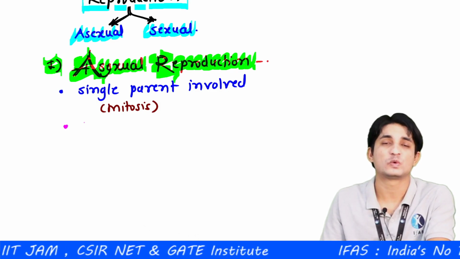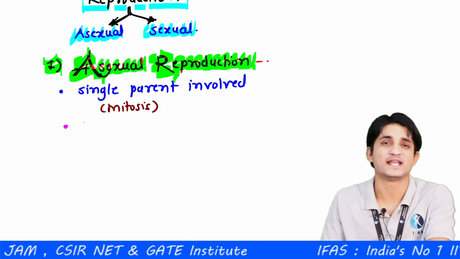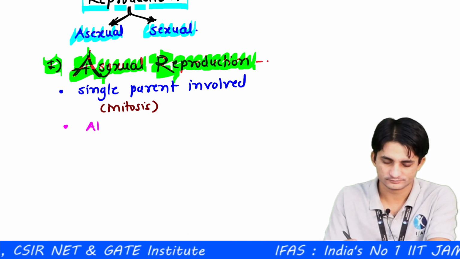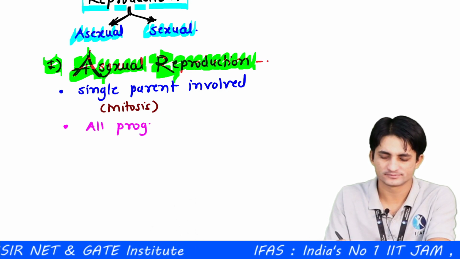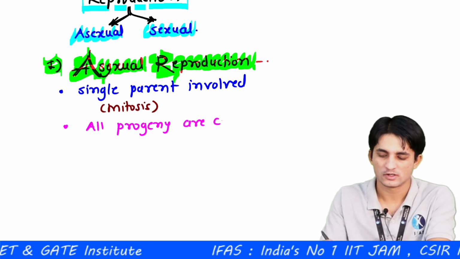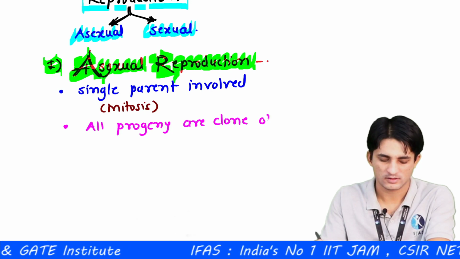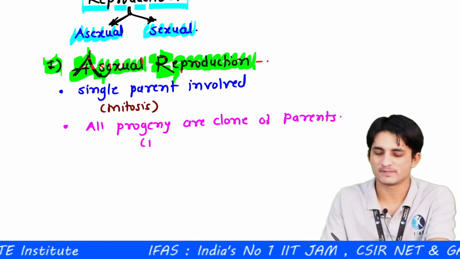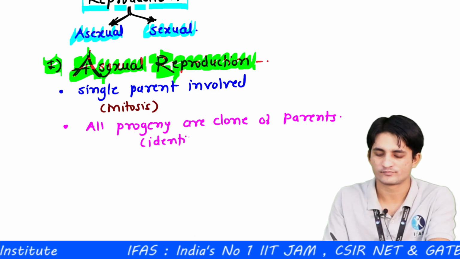So all the progeny that form are clones of the parent. Clone of parents means they are identical.